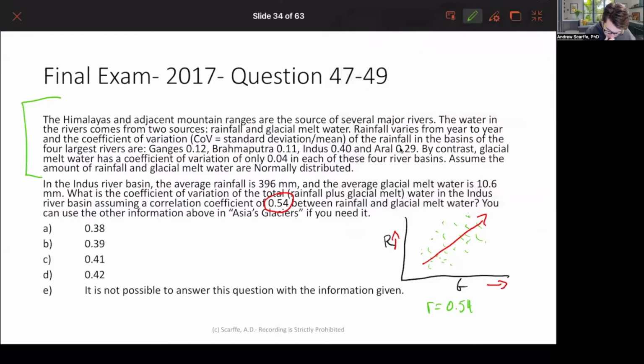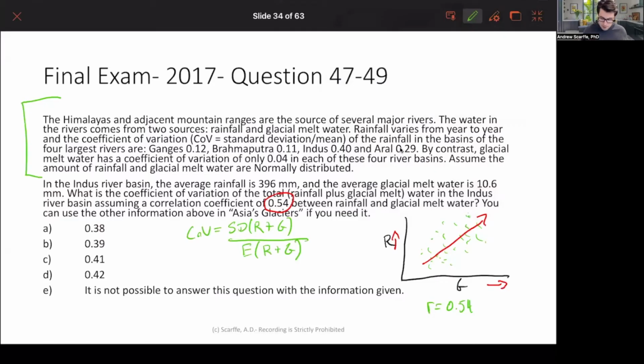But in this case, we are given a question and we're asked, well, what is the coefficient of variation of rainfall and glacial meltwater? So we need the standard deviation of rain plus glacial divided by the expected value of rain plus glacial. Okay? This is really just combining two random variables.